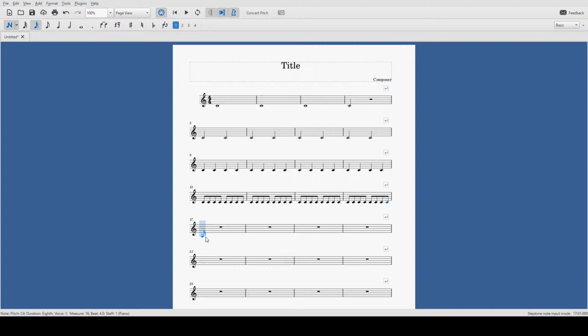Then we have 16th notes. And if you notice, if you compare them, right? For 1 whole note, you can divide it into 2 half notes. And then for 1 half note, you can divide them into 2 quarter notes. And for 1 8th note, you can divide them into 16th notes.